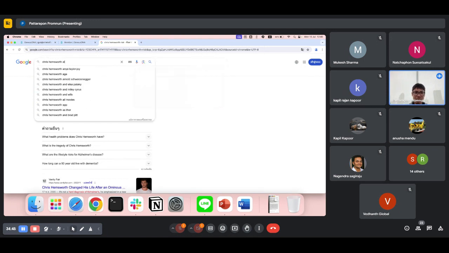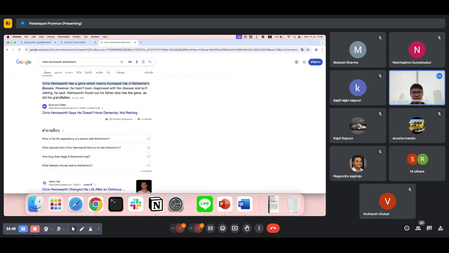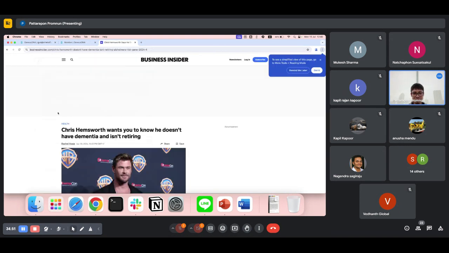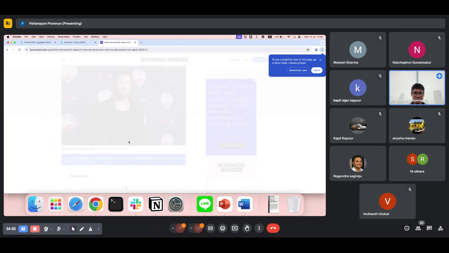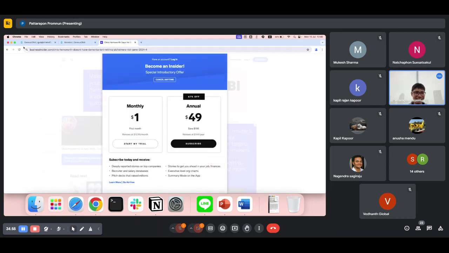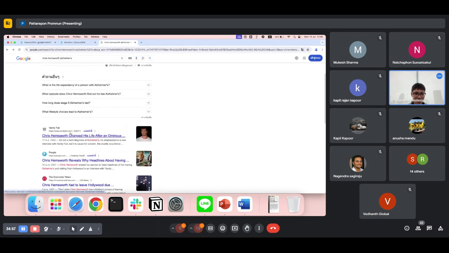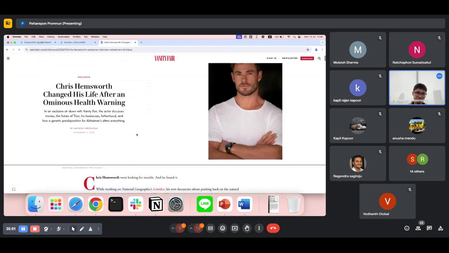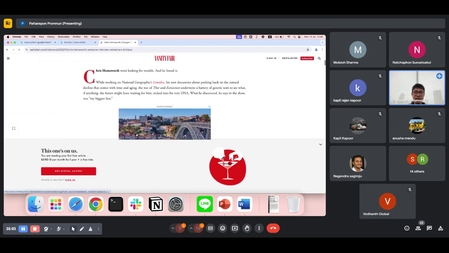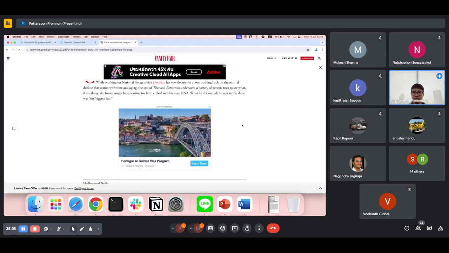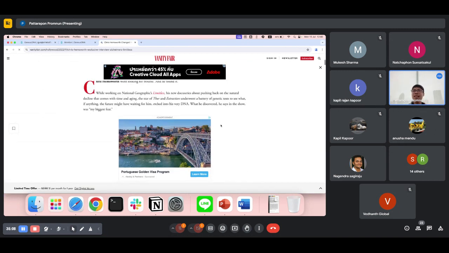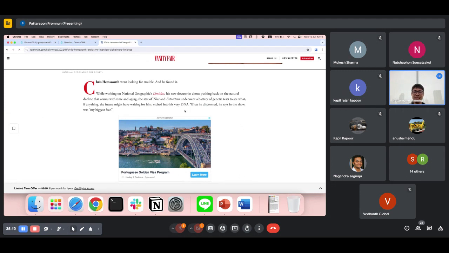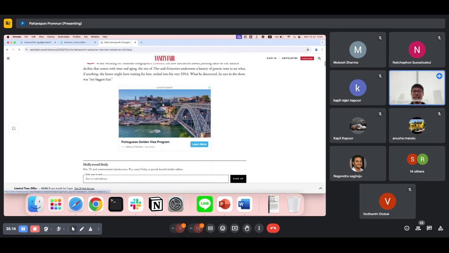Chris Hemsworth Alzheimer, it came up. Yes, this is the news. Chris Hemsworth had a DNA test from another company in the US, and he got the result that he is at high risk for Alzheimer because of that gene.